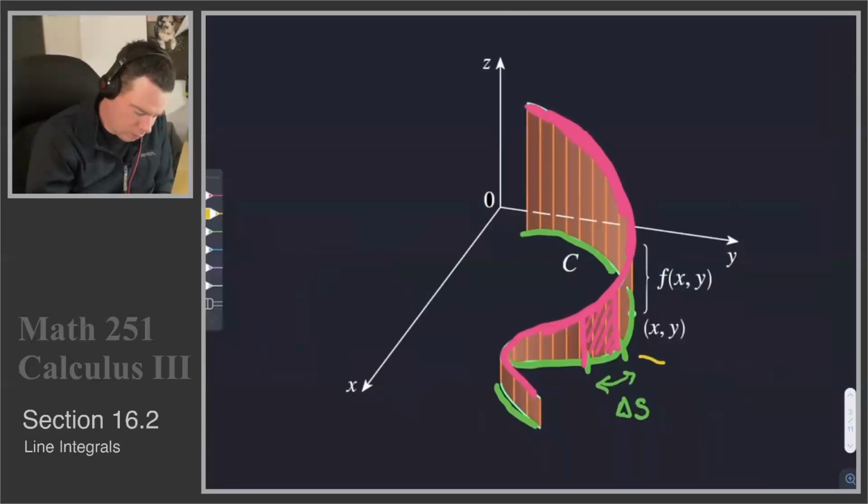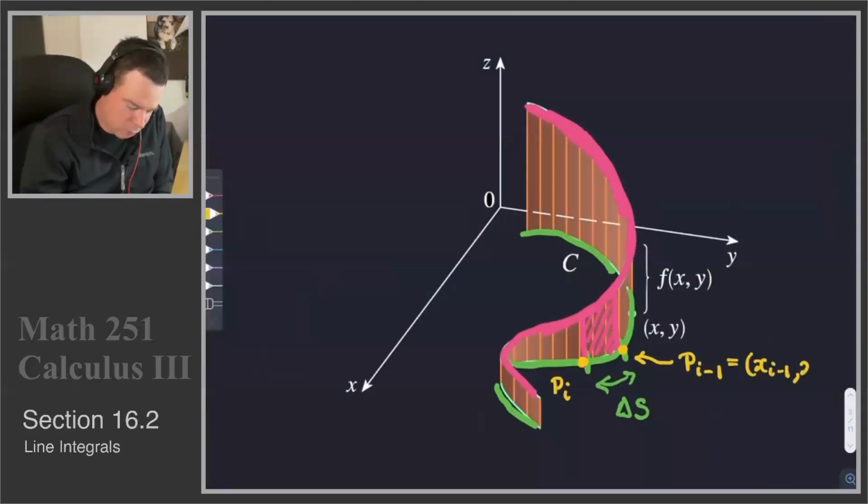We've got P_{i-1}, that's our point there, and we've got our other point, P_i. P_{i-1} is given by (x_{i-1}, y_{i-1}), and this point P_i is (x_i, y_i).